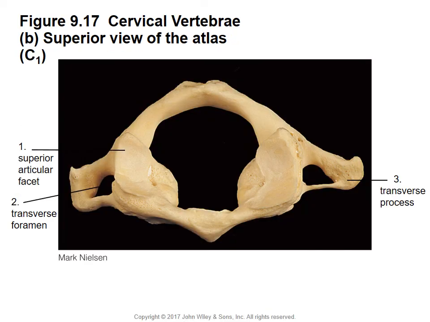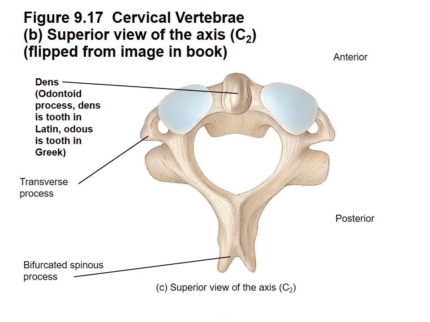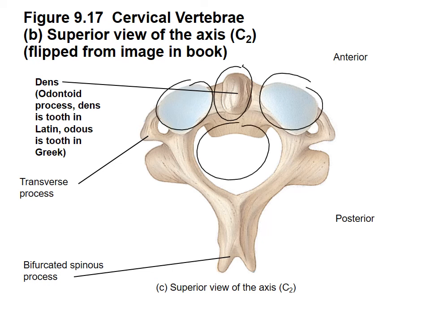Next slide. So here's an actual vertebra showing the transverse processes and the transverse foramen. Next slide. Here's a C2 vertebra. There's the dens, the odontoid process here, superior articular facets here and here, the vertebral foramen, transverse foramen here and here, and the bifurcated spinous process here, see there's two parts to it. Next slide.